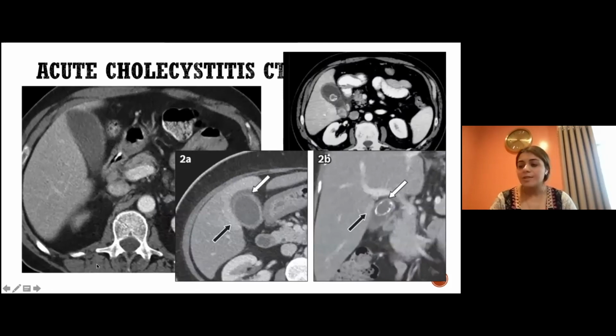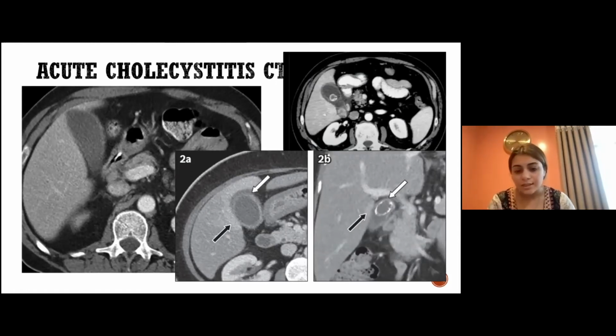You could also use a CT scan, as I mentioned before, to diagnose acute cholecystitis. On a CT scan, you'll see the thickened, enhancing wall around the gallbladder. You'll also see the pericholecystic fat, which is pointed out with the white arrow.